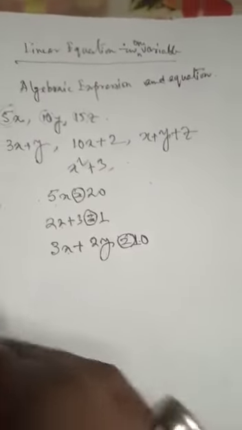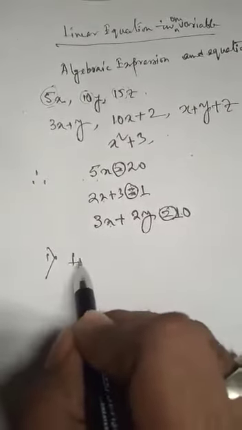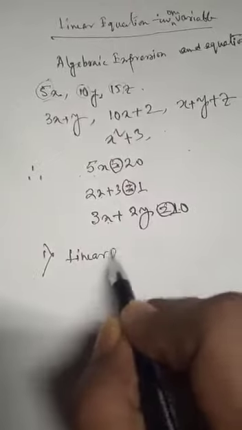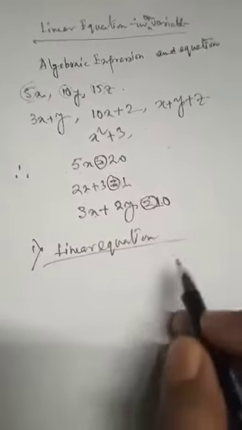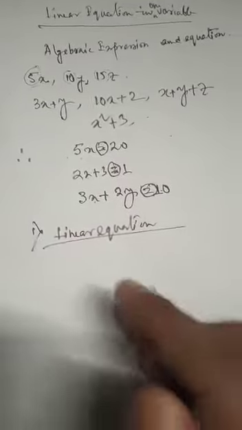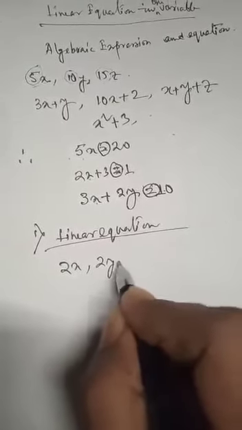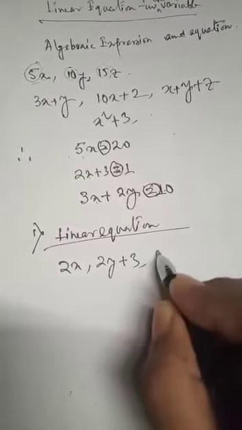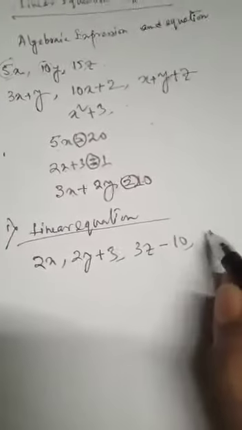Okay, and now there are two types of equations. One is linear equation and another is non-linear equation. Now first we discuss linear equations, like 2x plus y, 3z minus 10.